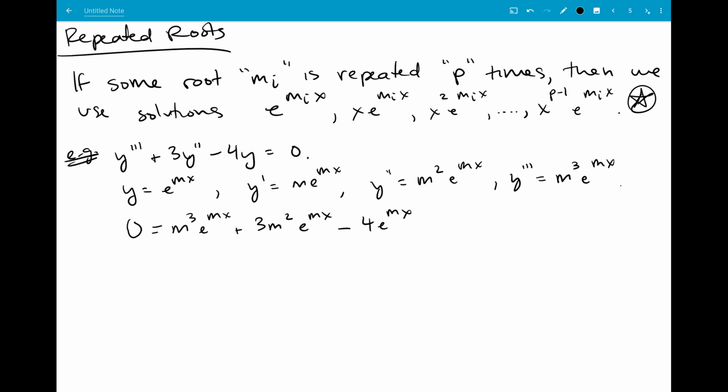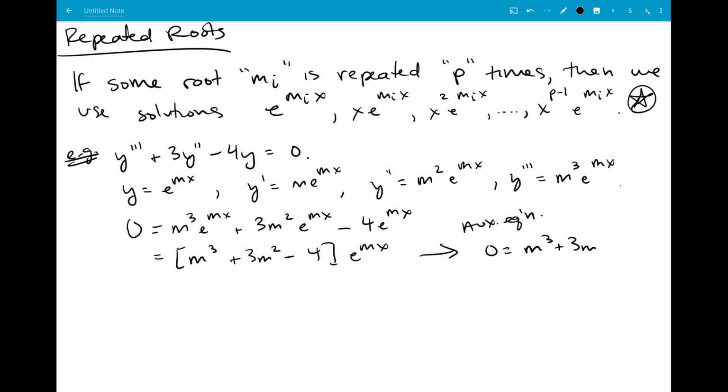So that's going to give me m cubed plus 3m squared minus 4 times e to the mx. So my auxiliary equation is 0 equal to m cubed plus 3m squared minus 4. And I don't expect you to be able to factor cubic equations on the fly.